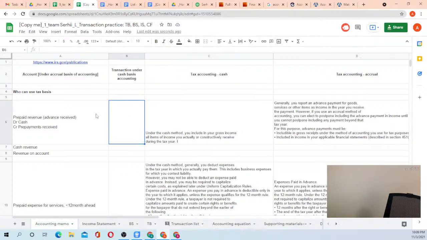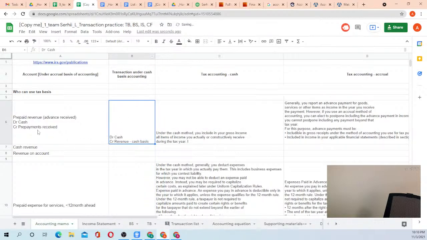In that situation, when we received cash for prepaid revenue, we will still debit cash, but we will credit revenue, cash basis. I will call it a different kind of revenue in order not to confuse it with other types of revenues. So these two columns are accounting. These two are taxes.